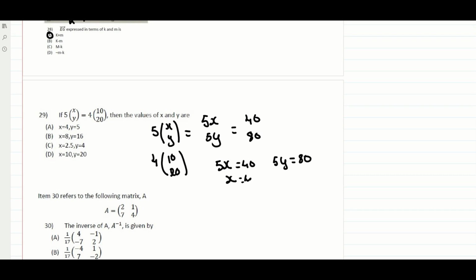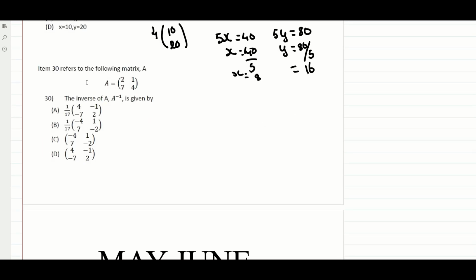So x is 40 divided by 5, so x equals 8. There's only one option, which is B, but we can check it out. y is 80 divided by 5, which equals 16. So x equals 8 and y equals 16, and that's how we would do this question.